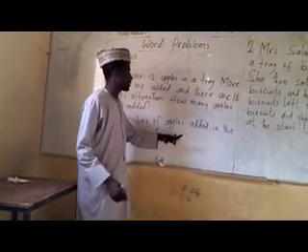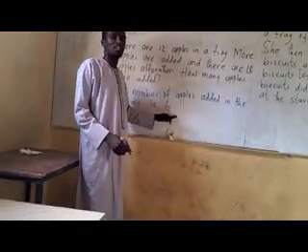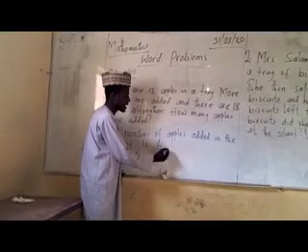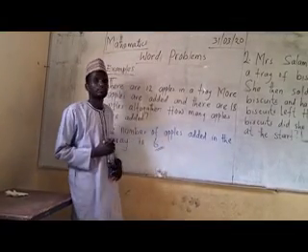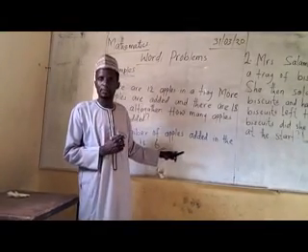The number of apples added in the tray is 6. So therefore 6 is our answer. This is the first example.